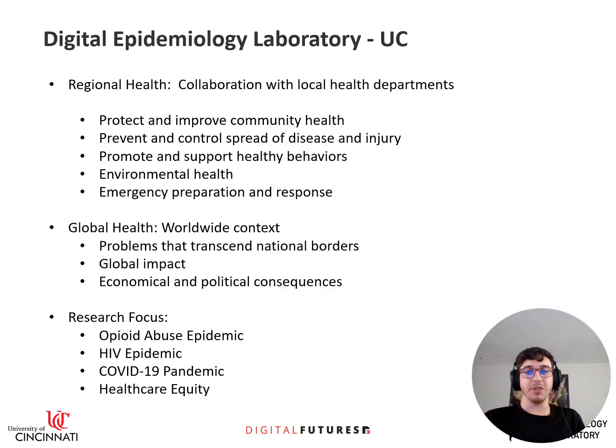In the Digital Epidemiology Lab at the University of Cincinnati, we use GIS to analyze spatial data of health-related issues. We have focused on various research topics, such as the opioid abuse epidemic in the US, the HIV epidemic in Africa, the COVID-19 pandemic at world level, and chronic diseases and healthcare equity inside of the US.